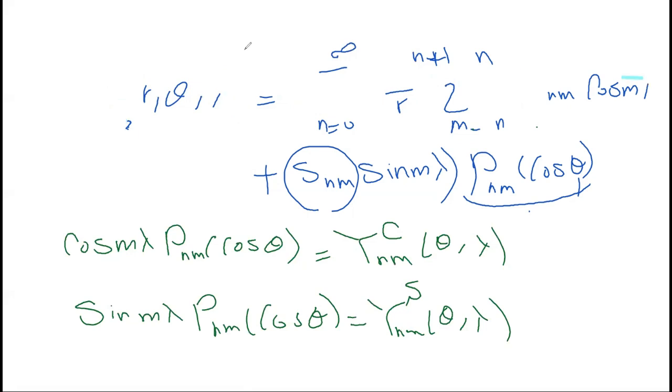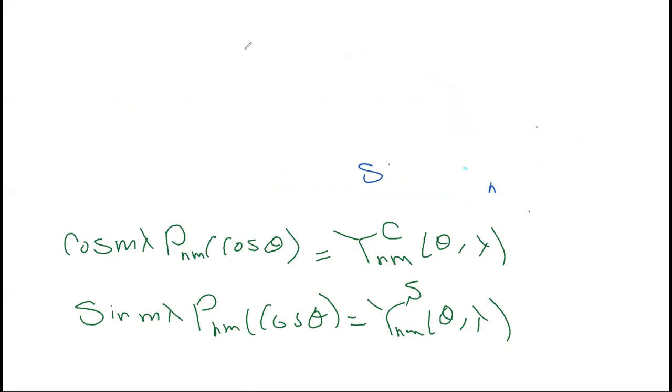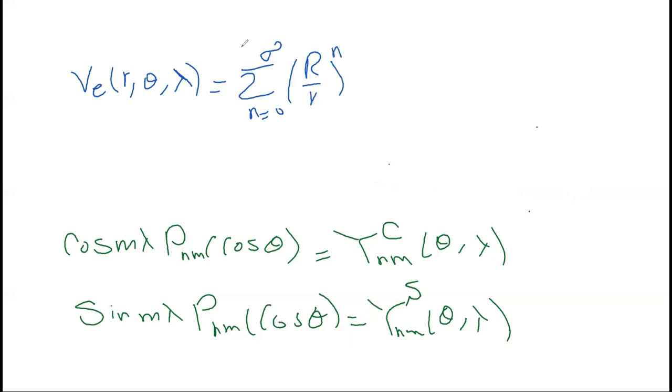I will write it again. So the potential, or external potential at the radius r, latitude theta and longitude lambda, will be the summation n to infinity, R over r to the n plus 1, summation m from minus n, oh sorry, this is up to m 0.